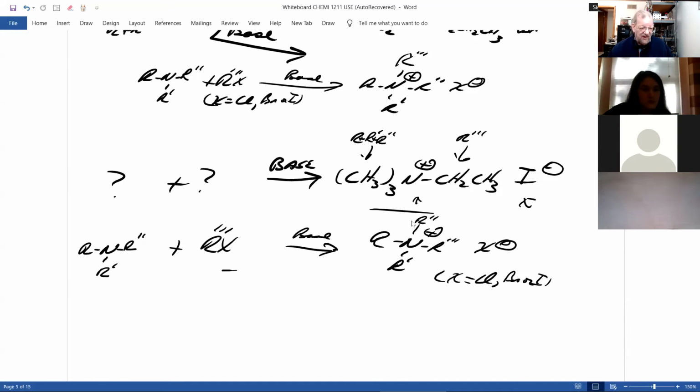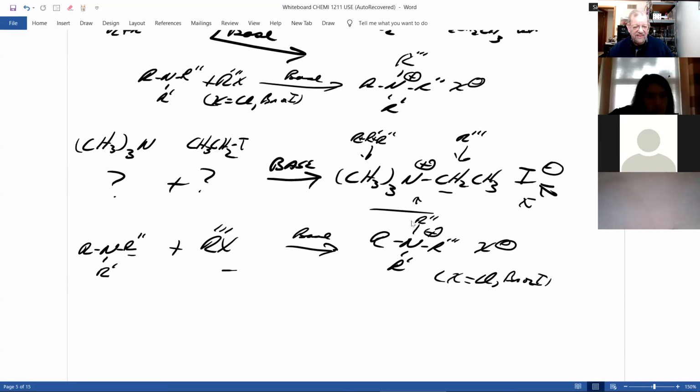Well, if that's the case, then my tertiary amine, which I can write this way, all three groups are R prime and R double prime are methyl. So I take trimethylamine, and my R triple prime is ethyl, and my halogen is iodine, and that would be the answer.